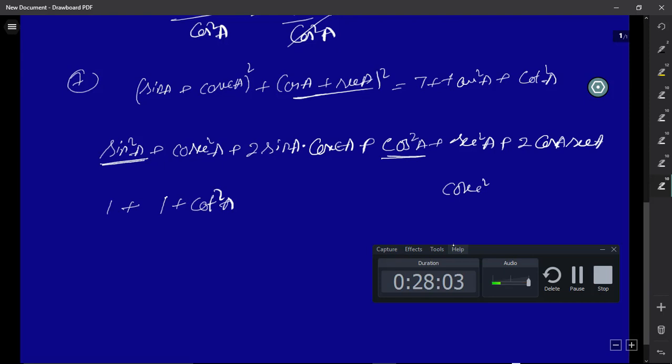We know that cosecant square A minus cot square A is 1. That's a trigonometric identity. If I remove minus cot square A from the left hand side, then if it goes to the right hand side, it becomes plus cot square A. So cosecant square A is 1 plus cot square A. So in place of this cosecant square A, I can write 1 plus cot square A. Right, as simple as that.